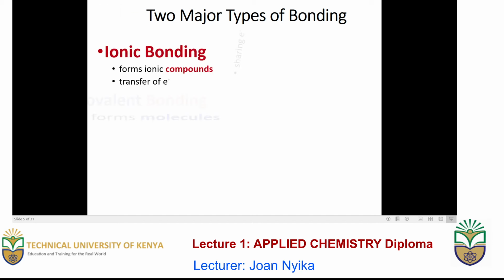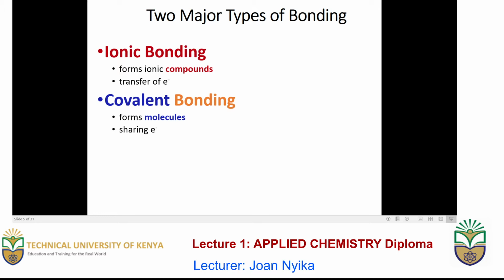There are two major types of chemical bonding. These include the ionic bonding that forms ionic compounds through the transfer of electrons and the covalent bonding that forms molecules via the sharing of electrons. And I repeat, there are two major types of chemical bonds.